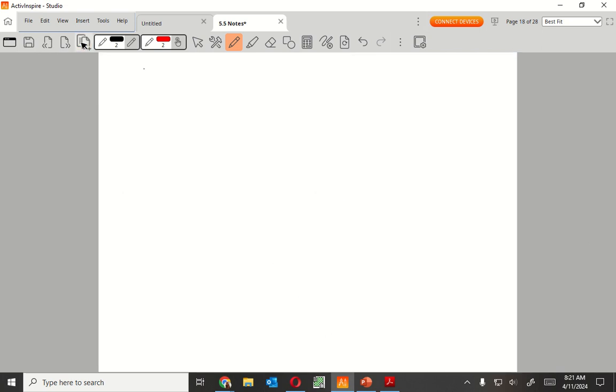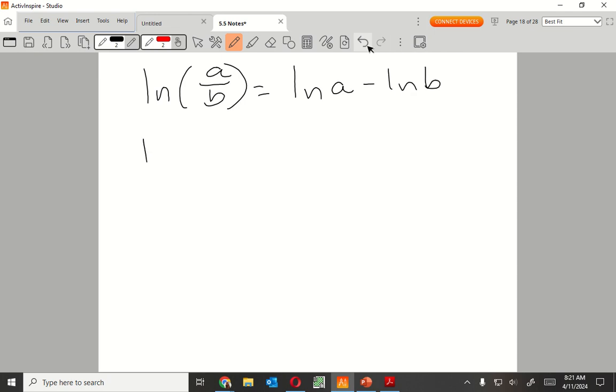So we know there is a rule: ln of A over B, actually, I don't have to use the absolute values here, is equal to the ln of A minus ln of B, or ln of A times B is equal to the ln of A plus ln of B. A little bit of a refresher.